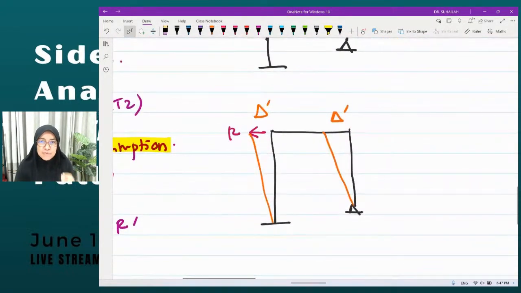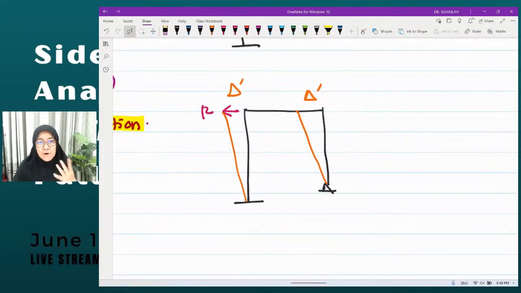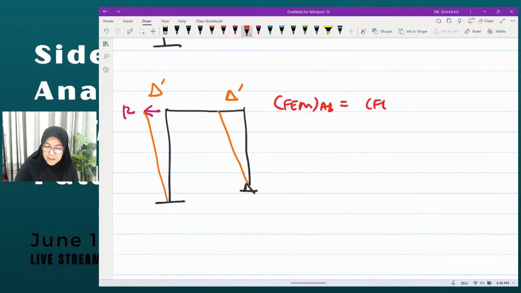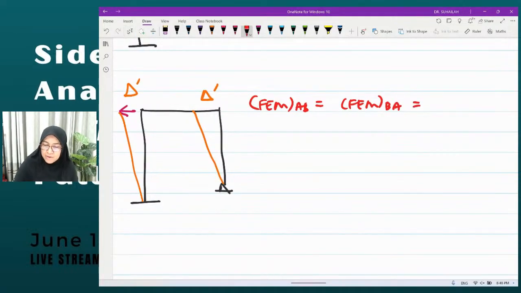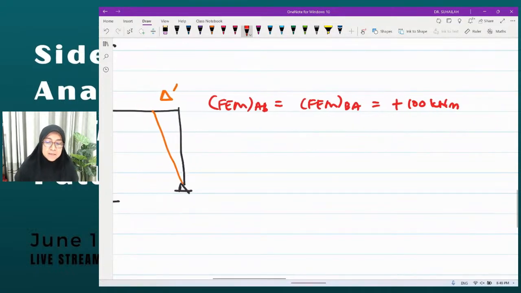For the SIDESWAY frame analysis, we will get four values of FEM. FEM for AB is equal to FEM for BA, and we have to make an assumption. The assumption is 100 kilonewton meter, and it is positive because of the behavior.